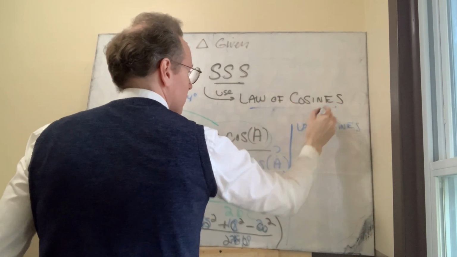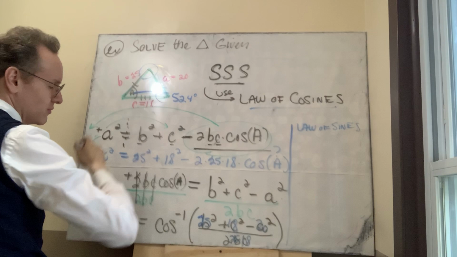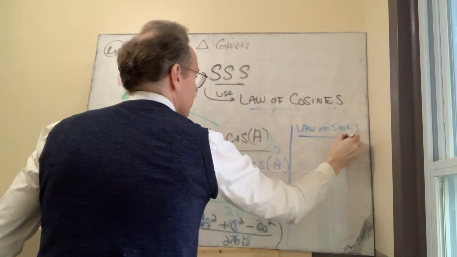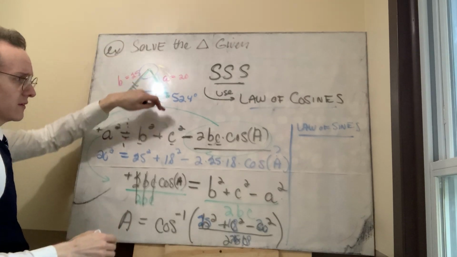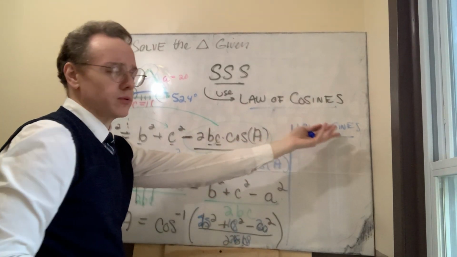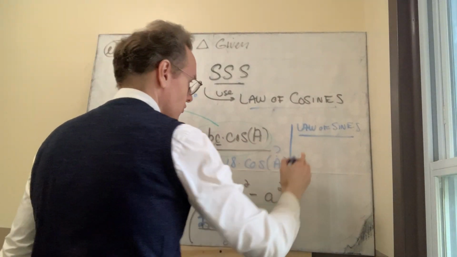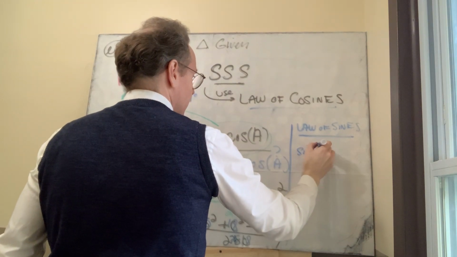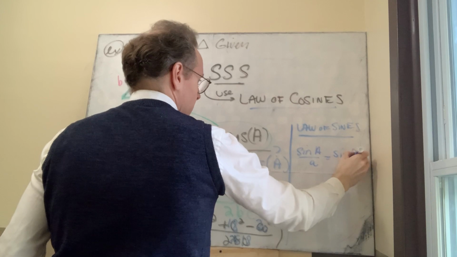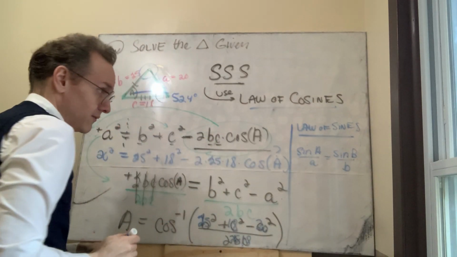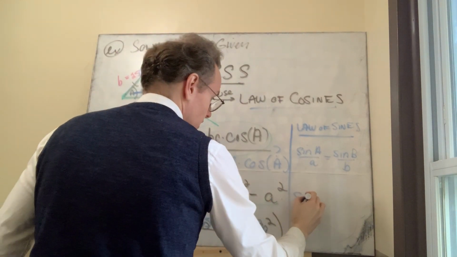You will start out with law of cosines to get perhaps the angle in this case, and then to find at least one of the other two angles, called B and C respectively, use an appropriate law of sines. So if you have the sine of A over its A dimension, then you could find the sine of B over its B dimension, because you have the majority of information in either of those cases.